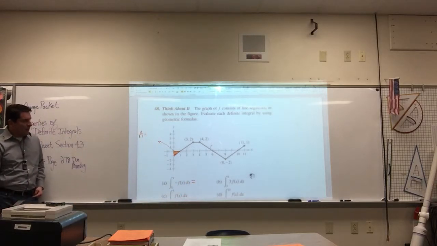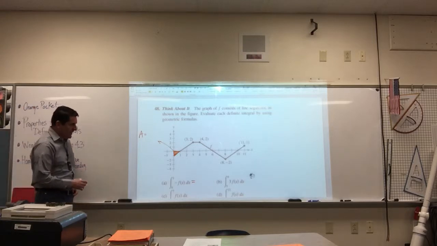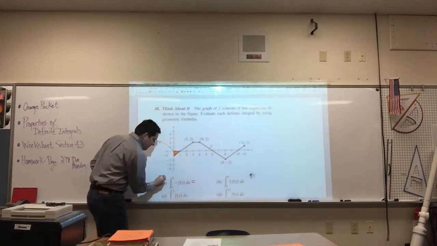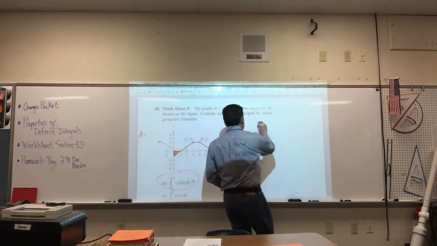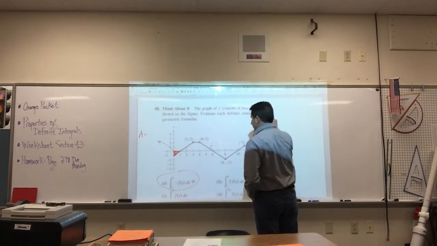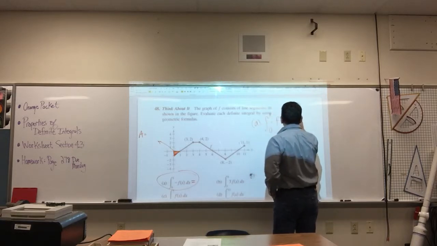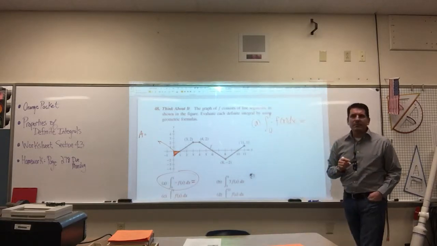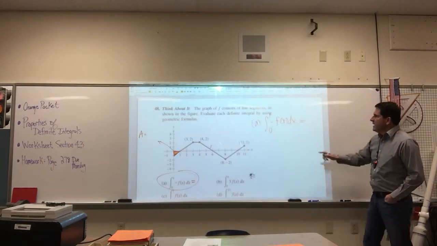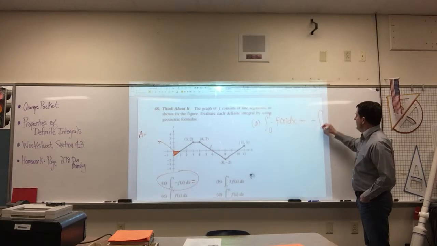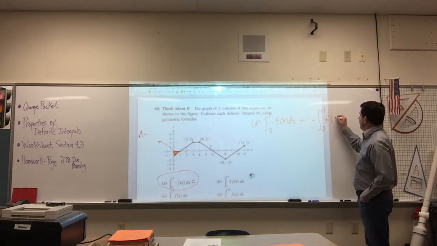All right. So I don't have a lot of room here, but you've got space where you can write it. Why don't I just write it like this? So letter A starts off as the integral from 0 to 1 of negative f of x dx. I want you to try to use proper notation as you're writing these. Does this make sense that I can write this as negative of the integral from 0 to 1 of f of x dx?